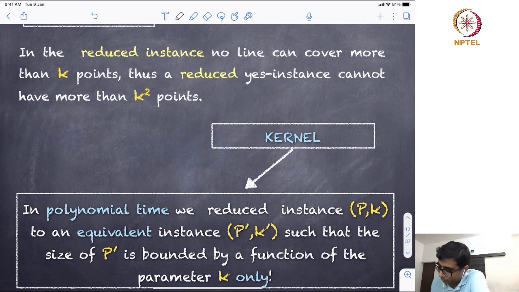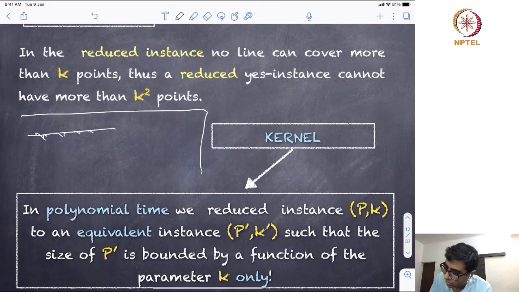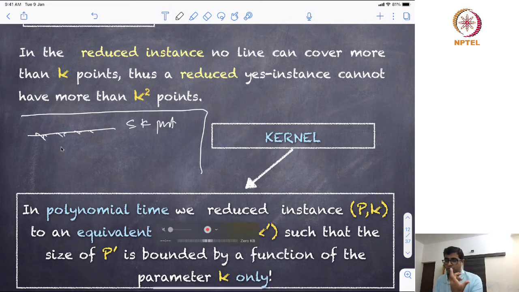This implies very interesting things. If every line covers at most k points, then k lines together can cover at most k squared points.